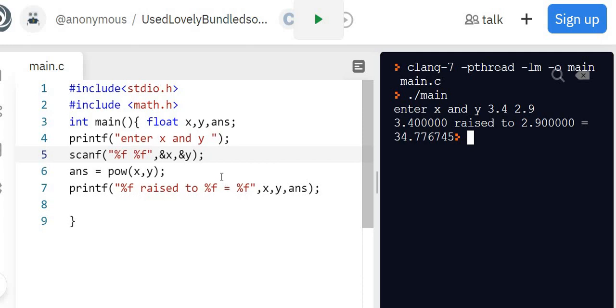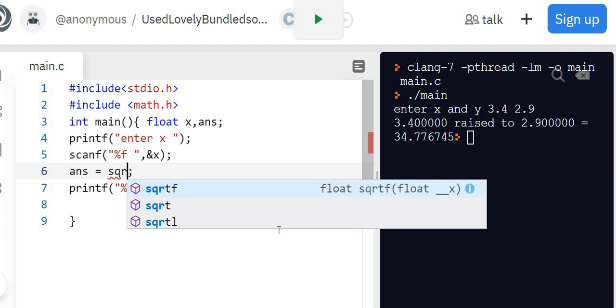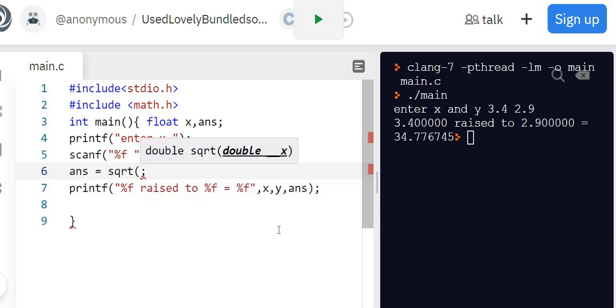Now you can find the square root also. Square root is found for a single number, so let it be only x. Enter x. We will find the square root of x. So let us change this. The answer for square root is SQRT. For cube root, CBRT.